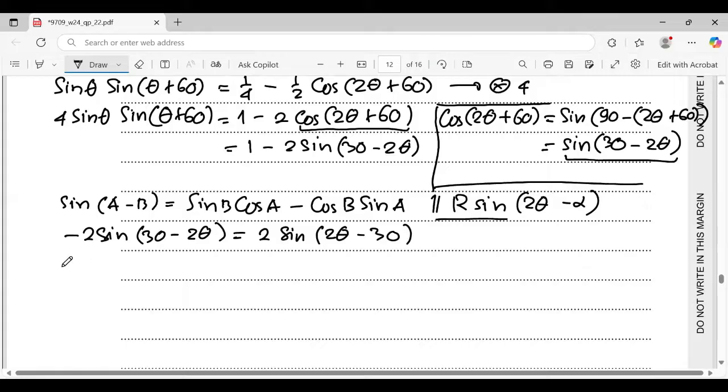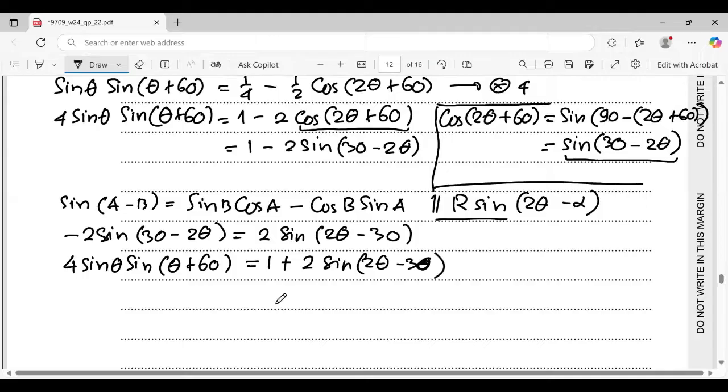So it means 4 sine theta plus 60 equals 1 plus 2 sine 2 theta minus 30. Plus because minus minus.